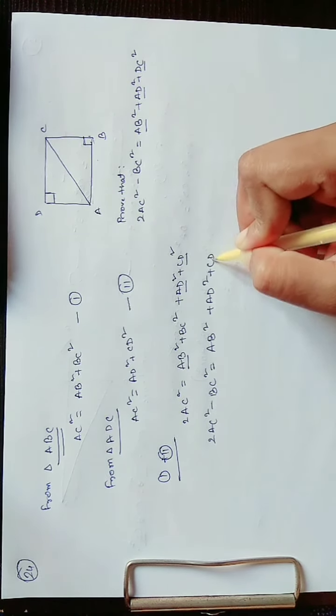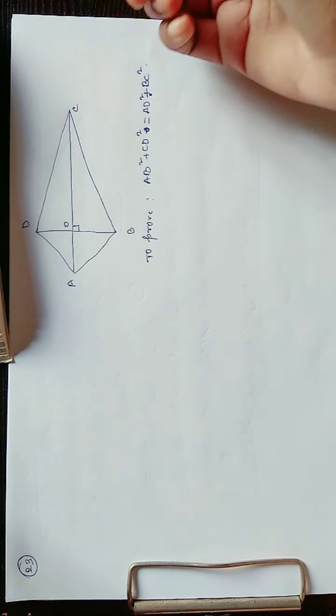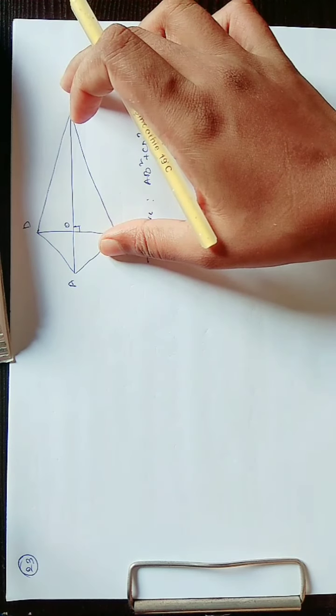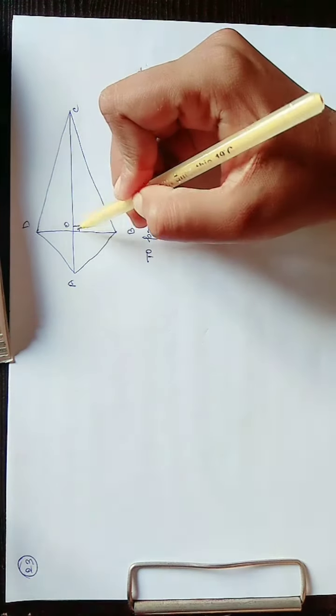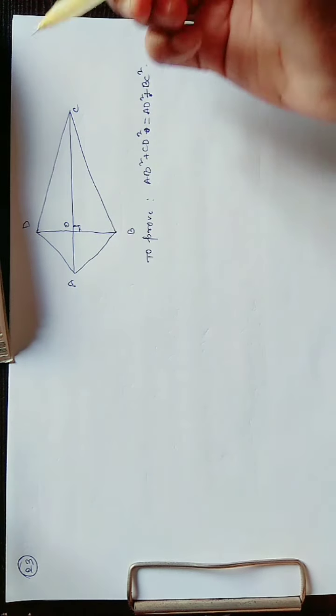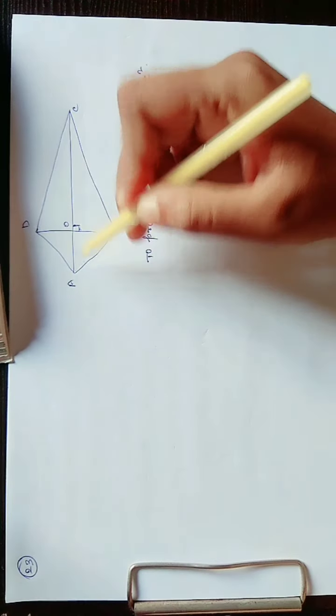Proved. In 23 you have to prove this, and this figure is given, and it is said that the diagonals bisect each other at 90 degrees. Since we have to prove AB square, we will consider this triangle.